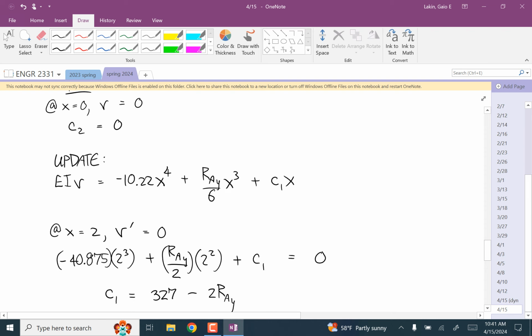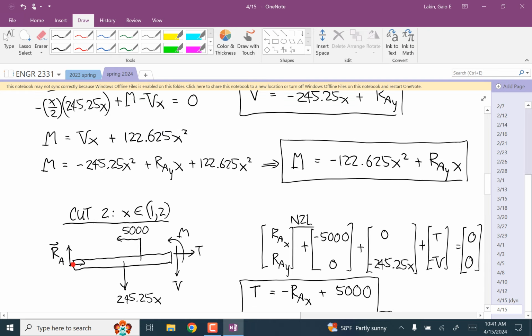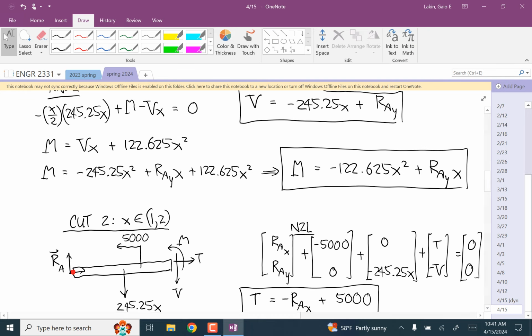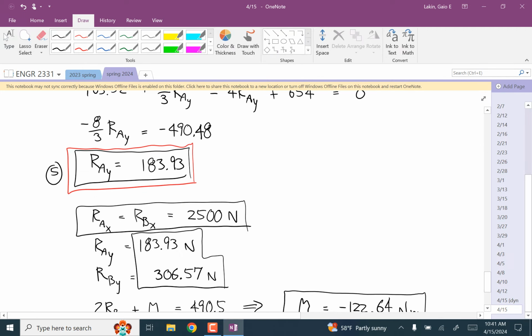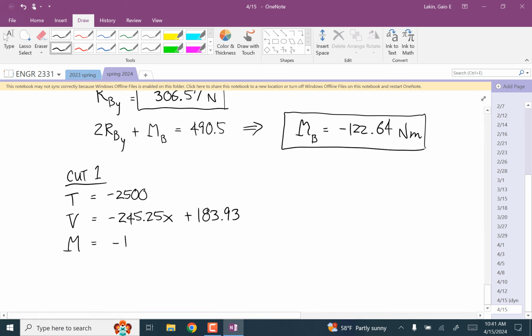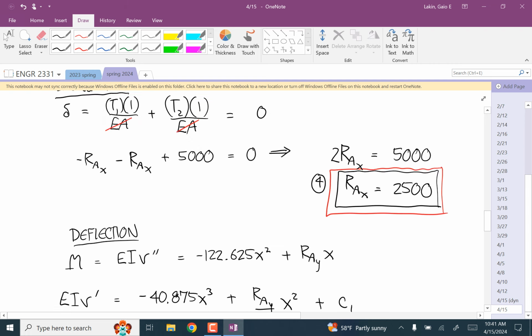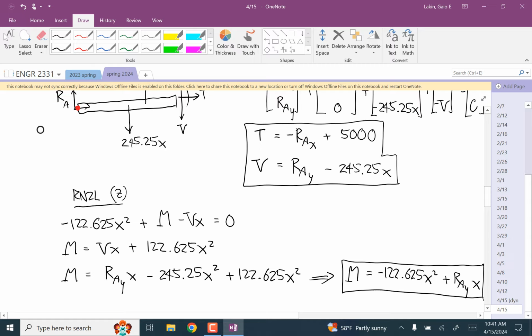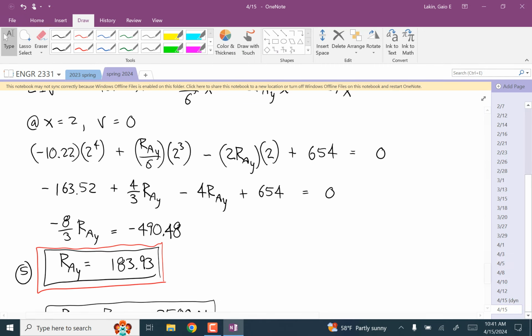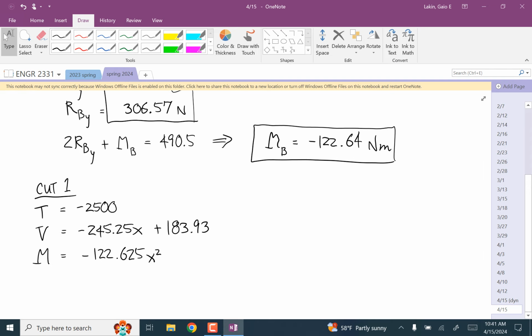And our bending moment on cut 1 is negative 122.625 x squared plus RAY times x, so plus 183.93x.